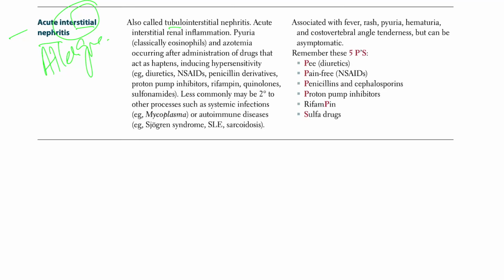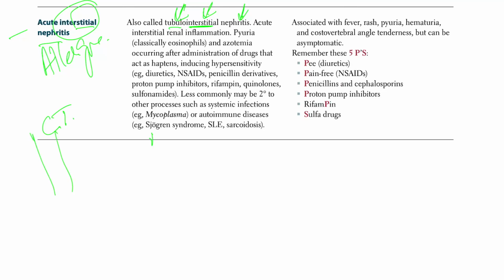The tubules are affected. The interstitium is affected. Nephritis means inflammation of the kidney. So tubules are affected, and the interstitium. What is the interstitium? The interstitium is the connective tissue between the tubules.